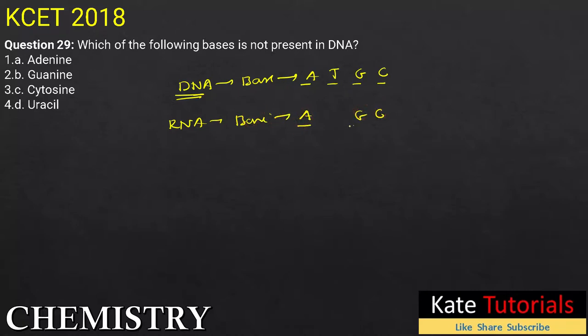Three bases are the same. Instead of thymine, I will have uracil in RNA. So the question is, which of the following bases is not present in DNA? In DNA, uracil is not present. It is present in RNA only. So option D is the correct option. This is from the chapter biomolecules.